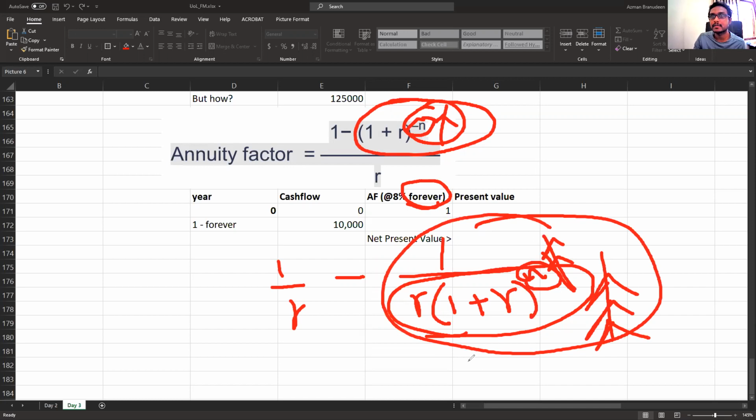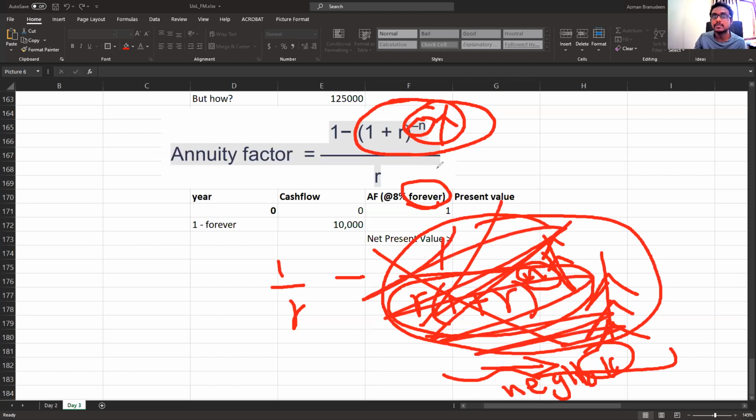It's closer to 0. It tends to 0. It is not 0, but 1 divided by infinity tends to 0. Because tending to 0 is implied to be very small and negligible, in this formula this whole thing gets cancelled off.